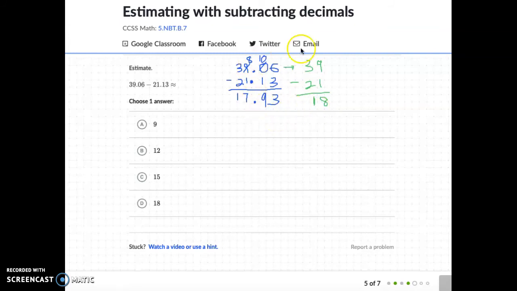Now that we have this rounded number here, your actual number is 17.93, but we do know that 18 is the rounded answer. So we can definitely round 17.93 to 18, and the reason for this is because of this 9.